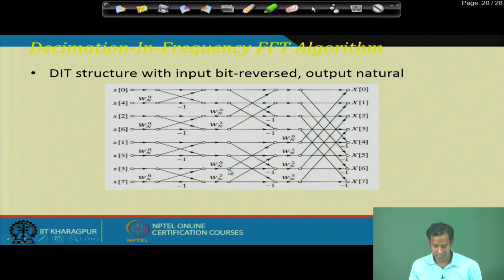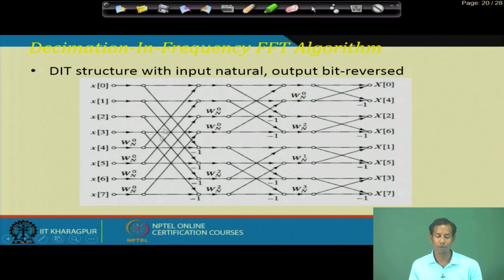Then in the next stage, x1, x3, x5, x7 are combined. Then again x1 with x0, x5 with x4, x3 with x2, and x7 with x3. This will be just reversed in case of decimation in frequency.